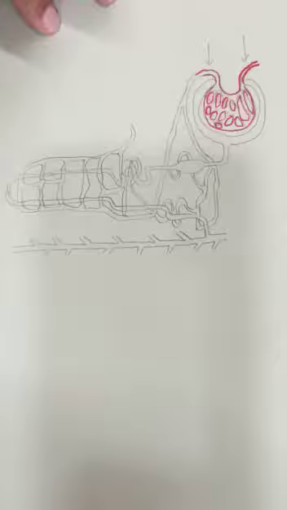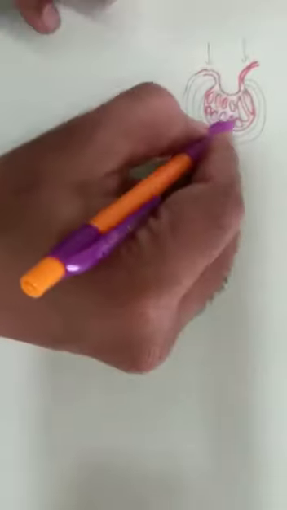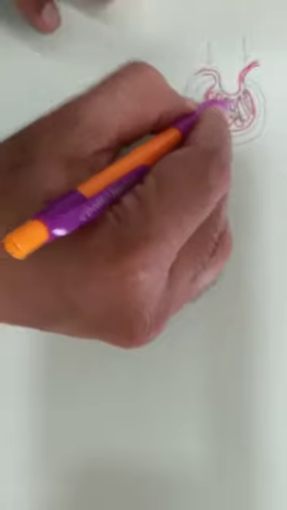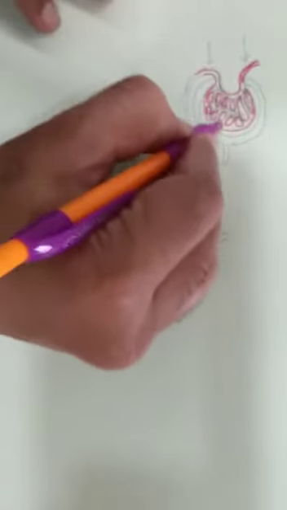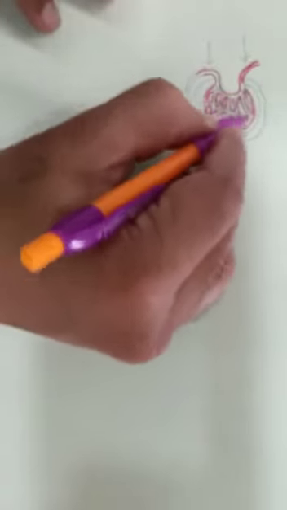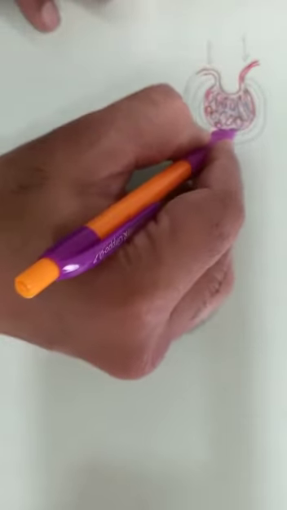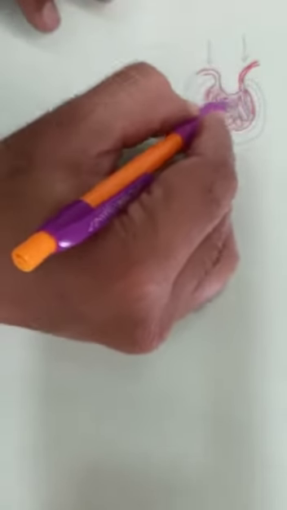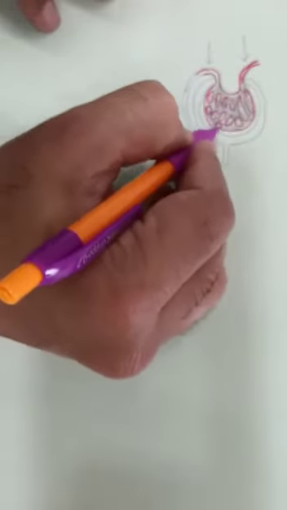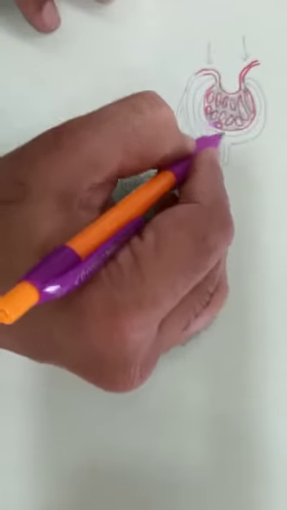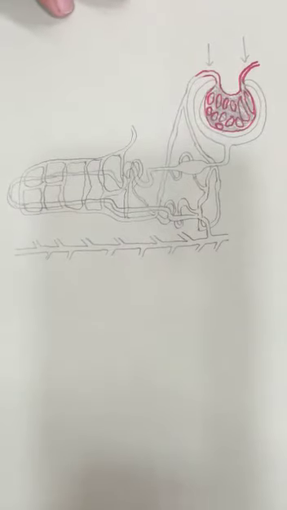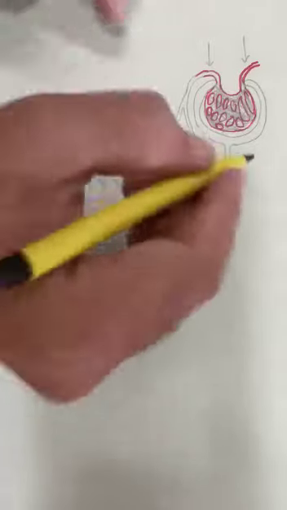We can shade it all, so that we can show the shaded portion is a glomerulus. What is it? This is glomerulus, glomerulus apparatus.